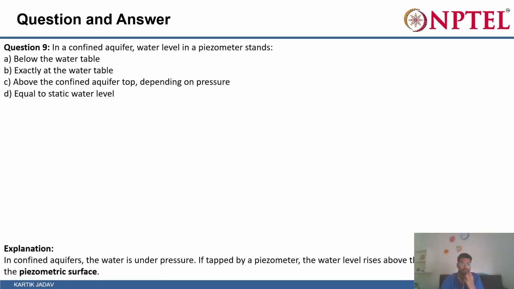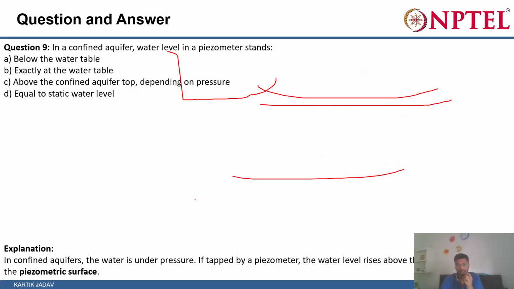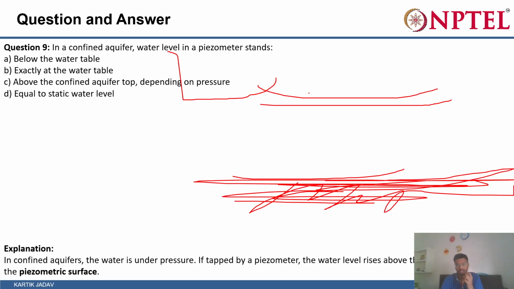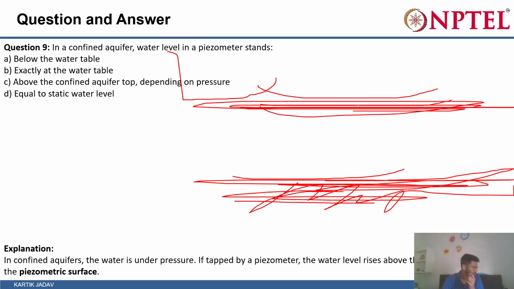Question number 9. In a confined aquifer, water level in a piezometer stands. So we know that a confined aquifer lies in between two impermeable beds, right? Whatever water is in between is under pressure.